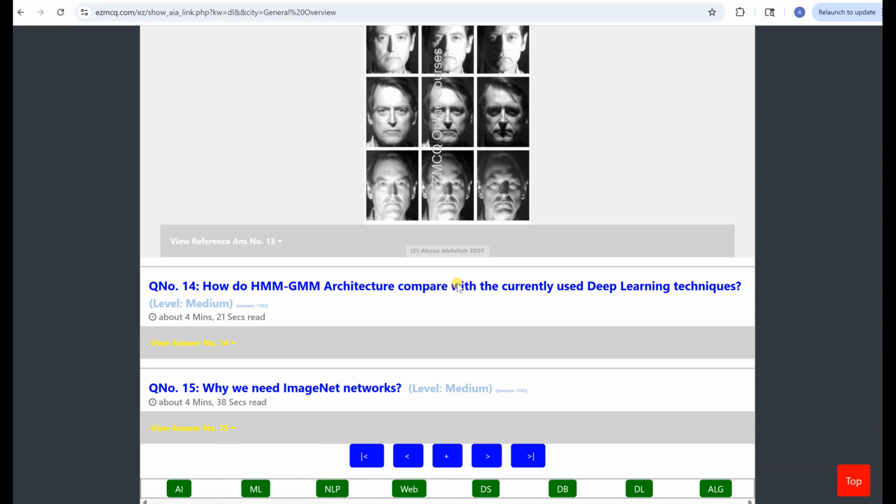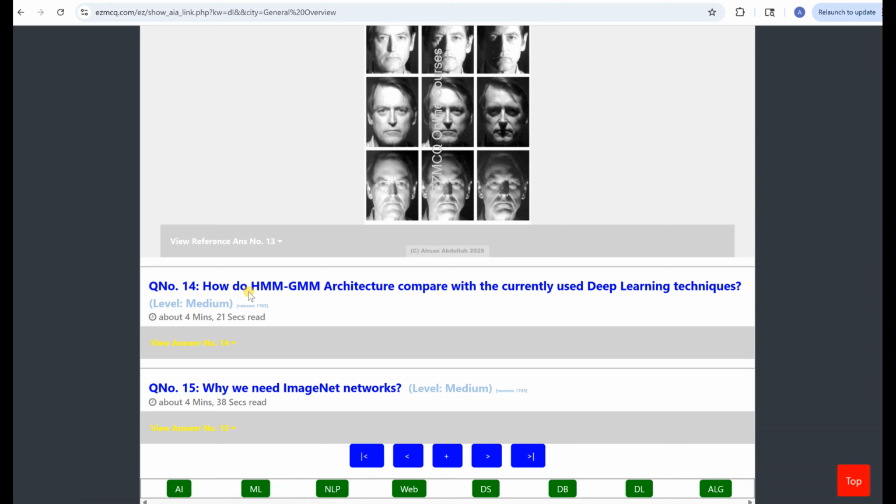So how do, for example, hidden Markov models or Gaussian mixture models compare with the deep learning techniques which are used today? This is interesting. Now this is a kind of challenging, tricky question.